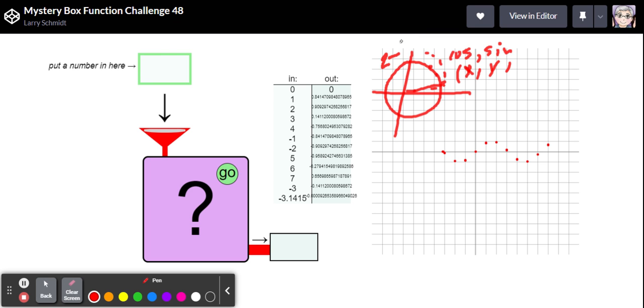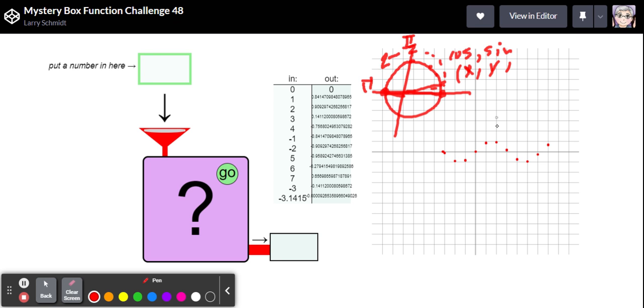So this is pi over 2 at the top. Here's pi. So you can see if the angle is 0, the y value is 0. It's right on that x-axis. If it goes all the way around to pi, it's this flat line again, and the y value is 0.